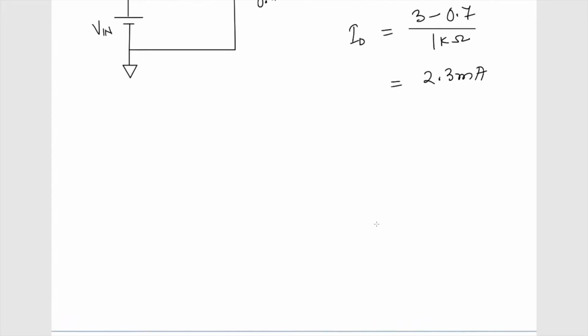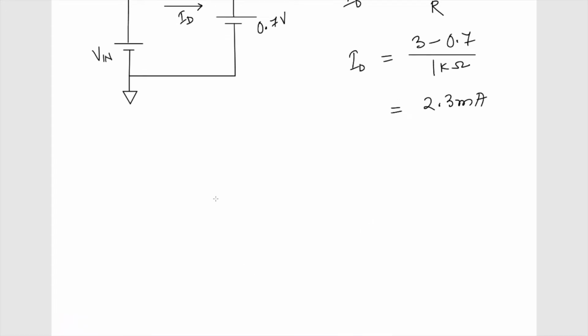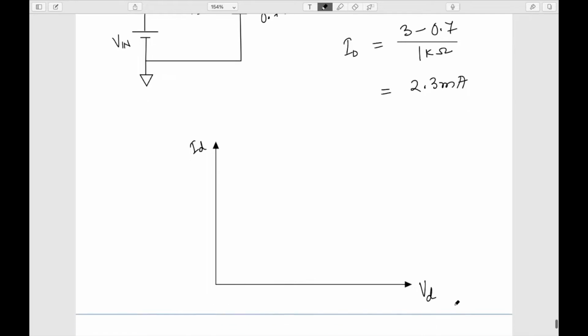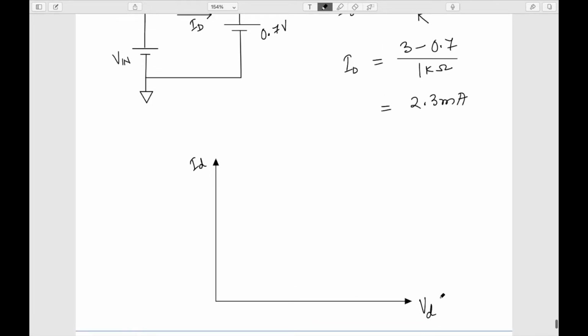Now, given that the current is defined by the resistor, let's come back to the diode equation and the diode characteristics. Let me call the current through this diode ID and this voltage VD. It has both the small signal as well as the DC part.